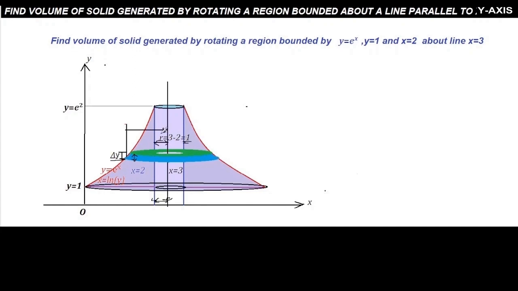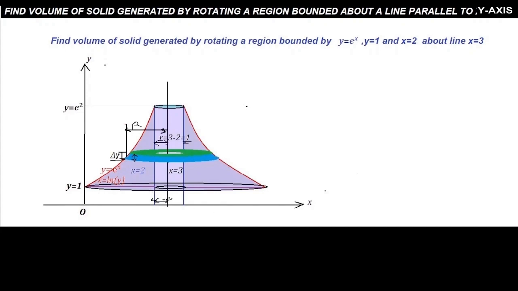Whereas this is the outer radius of the disk, and from here you can say the outer radius is the distance of the curve from the axis of rotation, that is x equal to 3. For better understanding, let's take a picture without any shade so it will be easier to understand how the radius will be calculated and finally the volume of the disk.